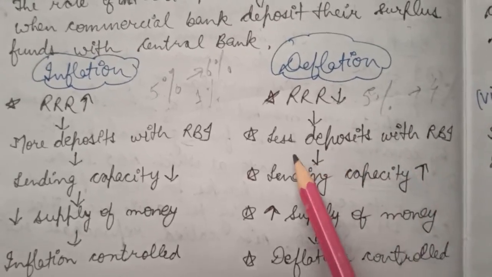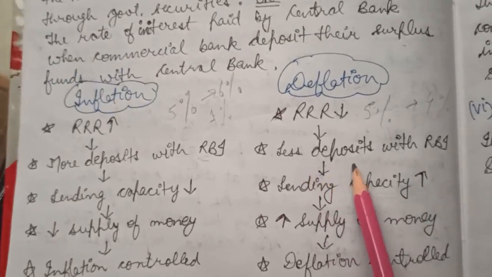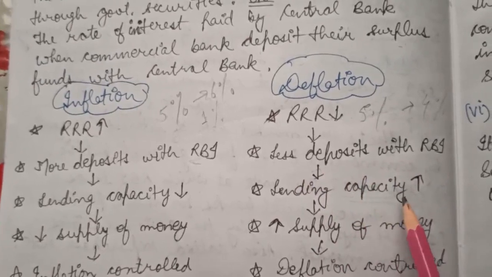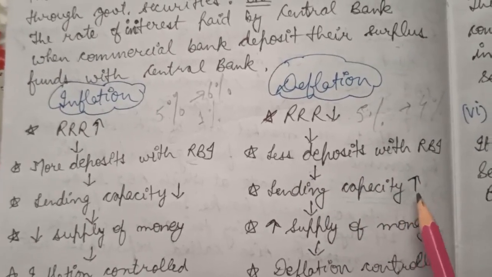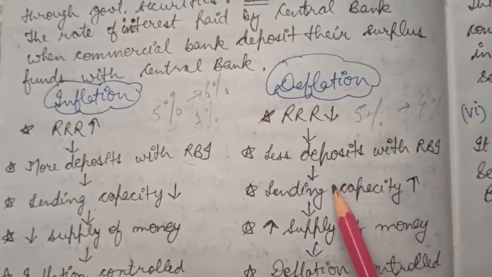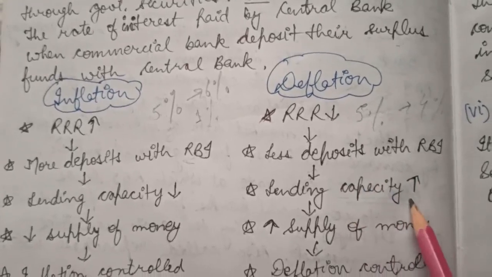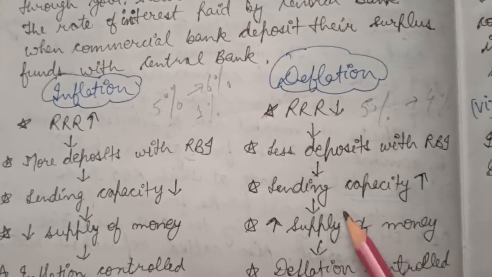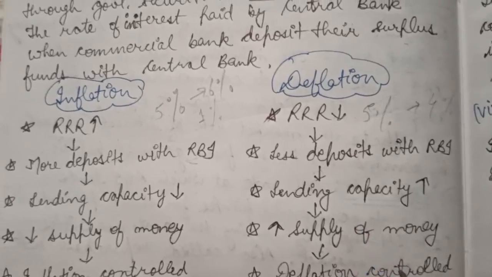That is, there will be less deposits with the RBI, and further the lending capacity of the commercial banks will be increased, or the money creation capacity of the commercial banks will increase, and therefore the supply of money will also increase, and further the deflation is controlled.